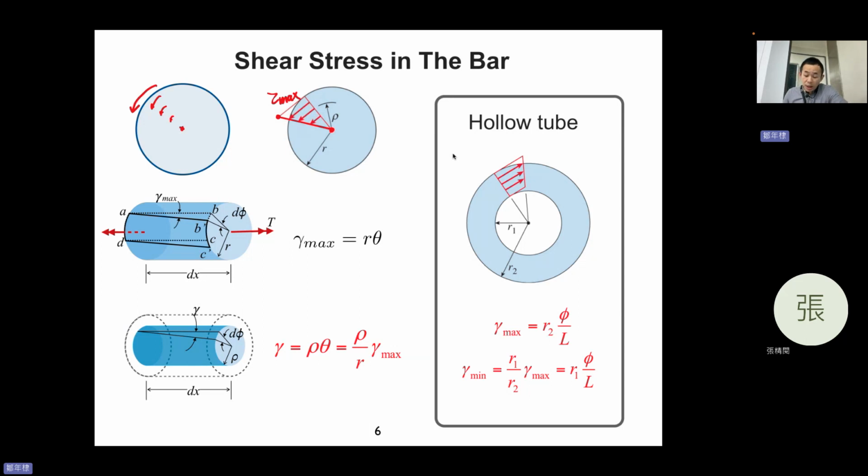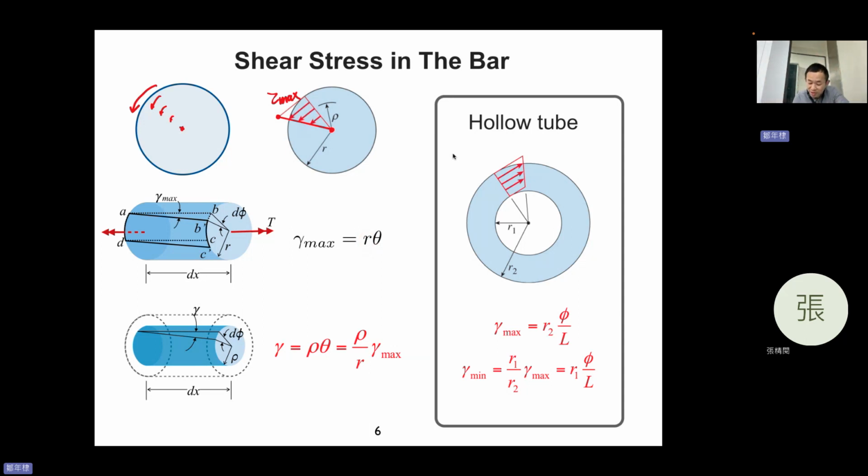Okay, and then you can notice that you can do everything again, but previously your gamma max equals R theta. Now you can imagine that your R is not R now, because you're going to dig into the bar.